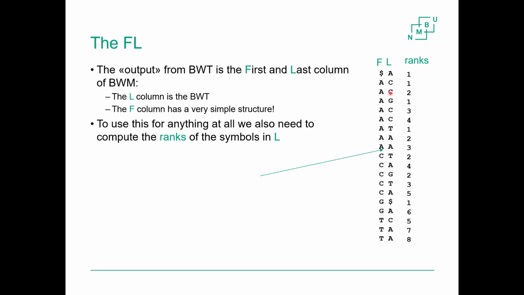But here we have another C. So this gets rank 2. This is the first G. It has rank 1. And then we have a C again. Now the rank is 3 because we have already seen 2 C's before. And so on and so on. So that's the explanation for these values. You simply numerate the symbols from top to bottom. So this is A number 1, A number 2, and A number 3 here.